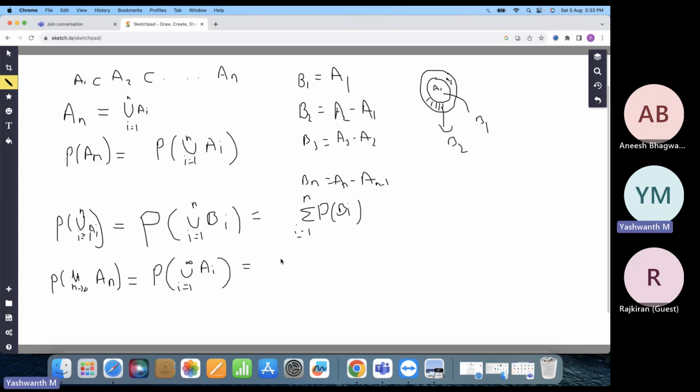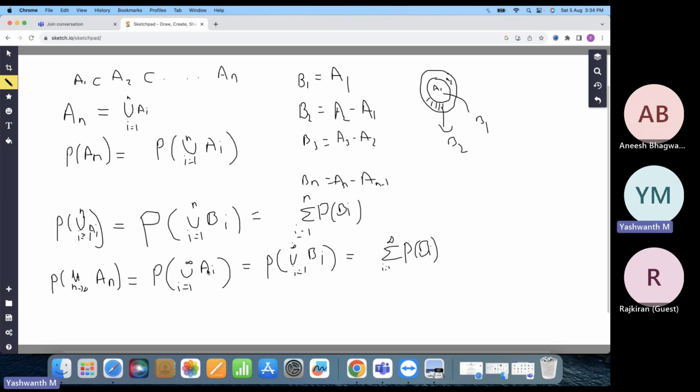Again, this you can write as P of the union of all these disjoint B_i's, i equal to 1 to infinity. So this is equal to the sum from i equal to 1 to infinity of P of B_i.